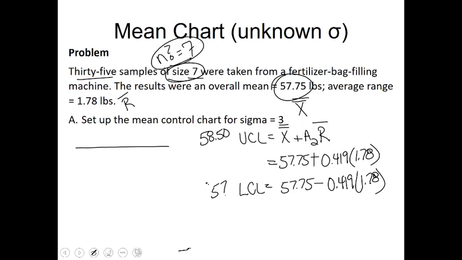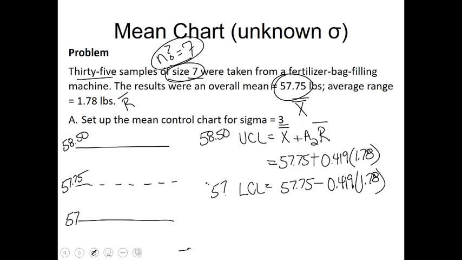You don't always have to draw this. I kind of like to because it makes it a little easier to use sometimes. My upper control limit is 58.50. The mean I already knew was 57.75, and our lower control limit is 57. And as I like to say, we're off to the races.